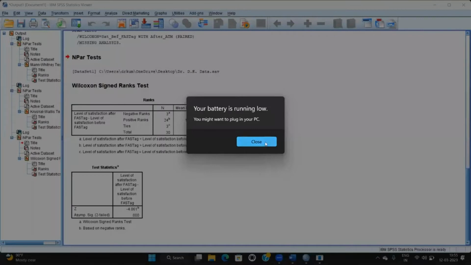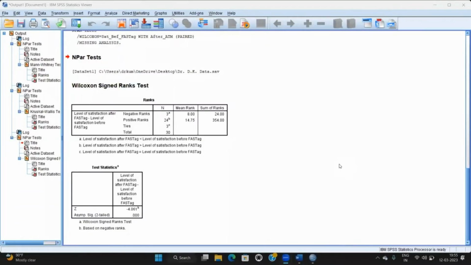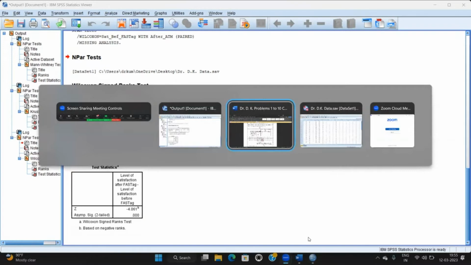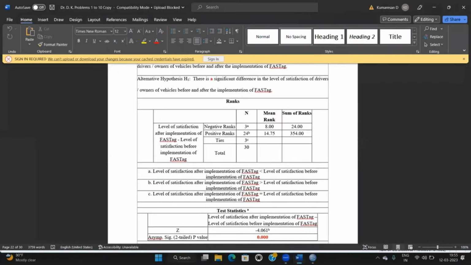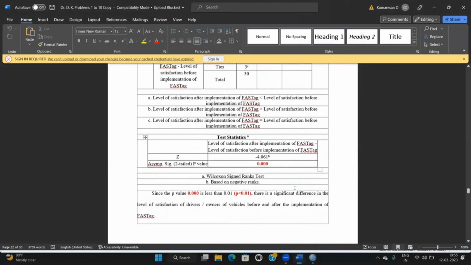We take the P value as usual. What is the P value here? 0.000. Now let us check whether the P value is less than 0.05 or not.